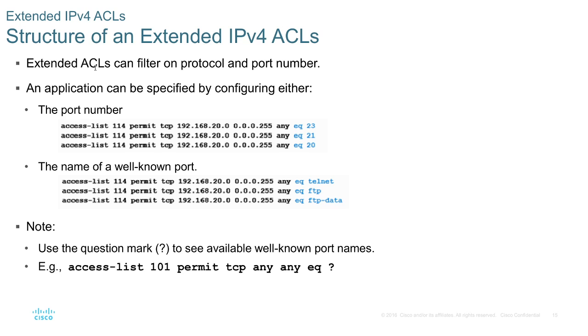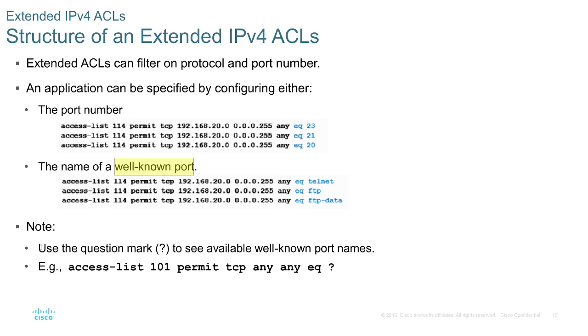If we look at the structure of extended ACLs, we can use either port numbers, for example 23, 21, 20 if we know the port numbers, or for well-known applications we can also use names like Telnet, FTP or FTP data.